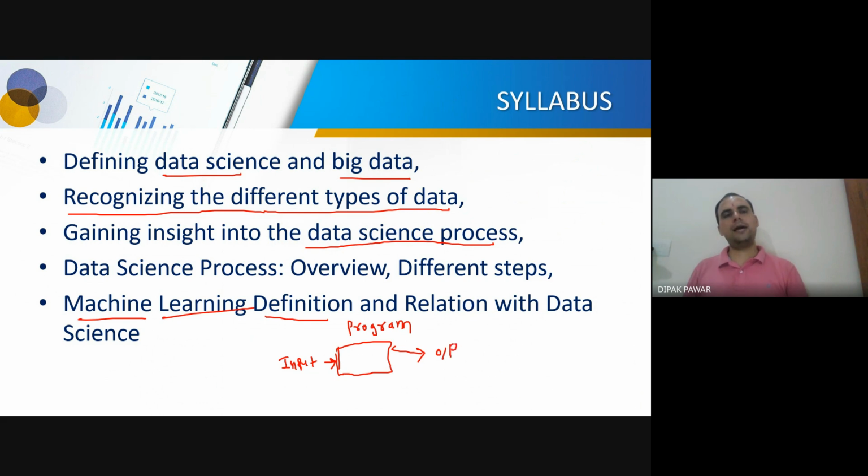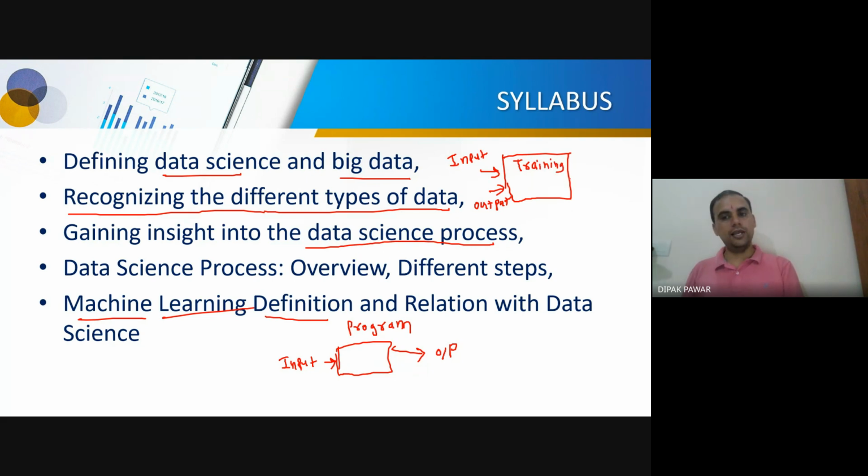This is the traditional approach used in software engineering, but this is not the case when we are dealing with a data science problem. In a data science problem, initially you have an input, and at the same time you have the output also. You give the input and you give the output as well. Based on that, the program gets trained. You get what? Training.